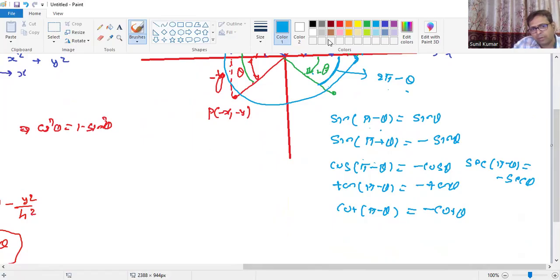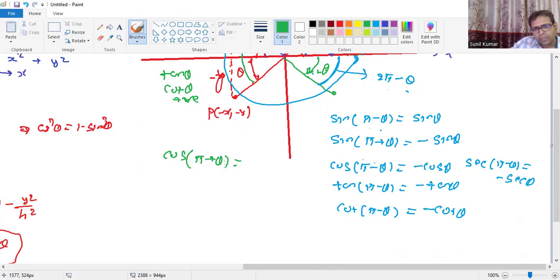Okay, so if you write cos(pi plus theta), in the third quadrant only tan theta and cot theta are positive. Only these two are positive. Remaining are negative.